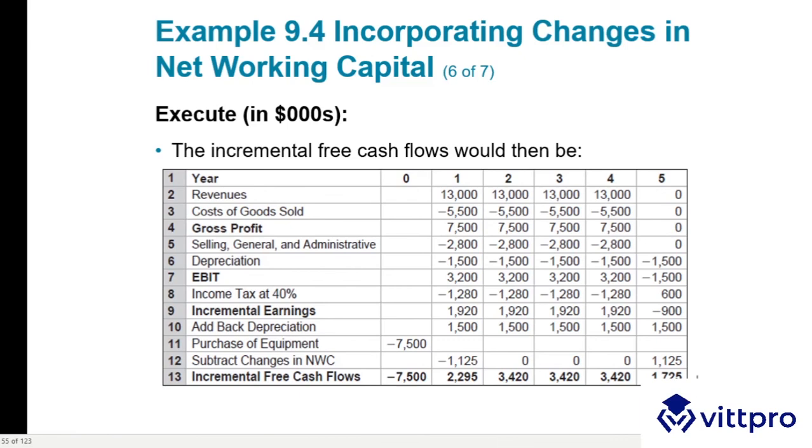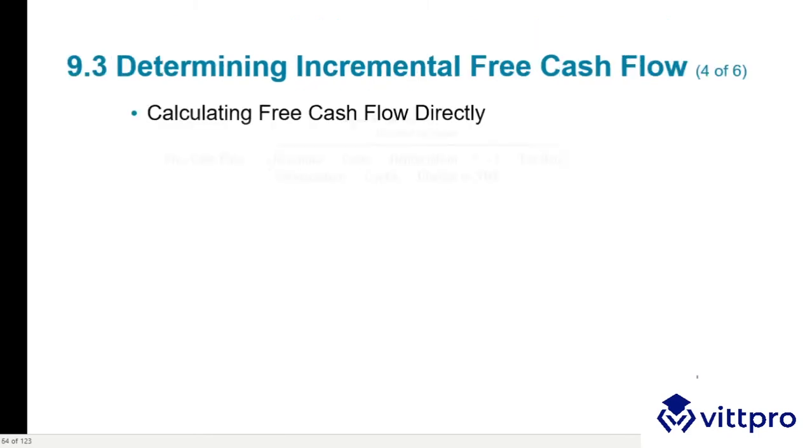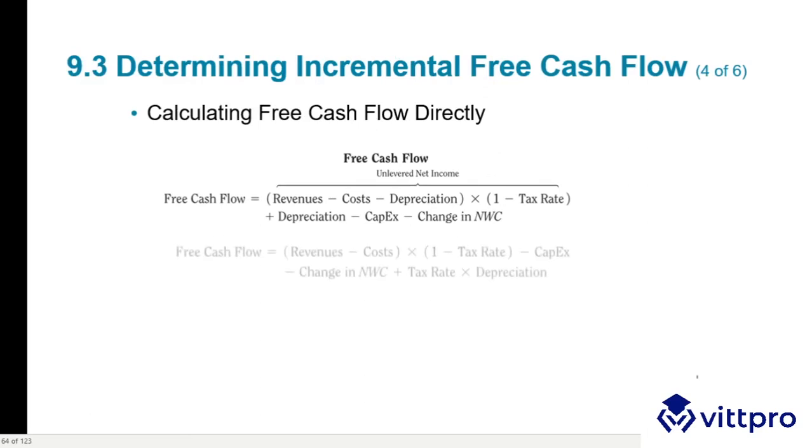So that is how we calculate the free cash flow, taking into account the net working capital. Calculating the project cash outflows is also very important for calculating the project returns. So getting the right cash flow is important, right? Otherwise your decisions are going to be incorrect.